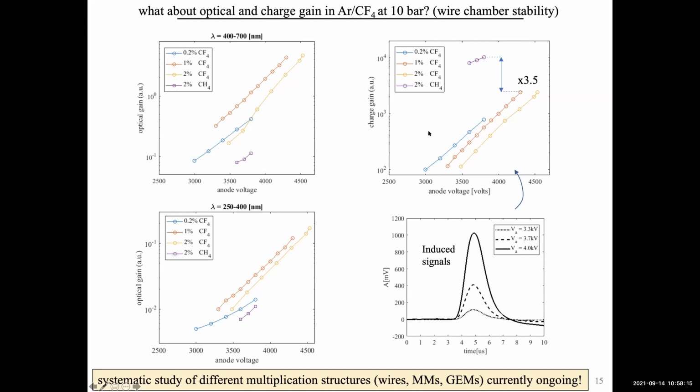Of course, in order to know what is the reasonable compromise physics-wise, we need simulations, and we are working on that. I think it's very encouraging to see that the maximum gain that we can achieve is just dropping by a factor around 3.5. These are relative units, so this is not an absolute normalization. I'm not saying we get to 10 to the 4. I'm sure we won't get there.